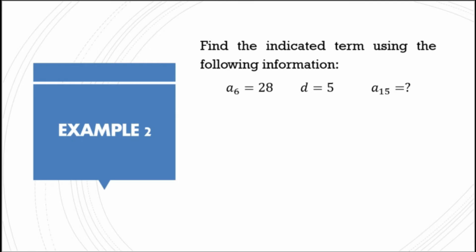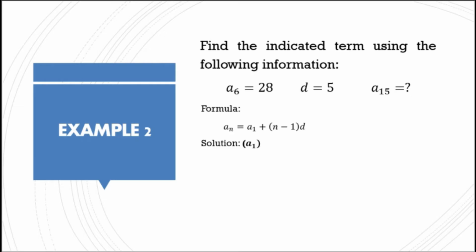In order for us to solve this one, we are going to work with the same formula. So we use a sub n equals a sub 1 plus the quantity n minus 1 multiplied by d. But in this case, we need to solve for the value of a sub 1 first. How do we do that?